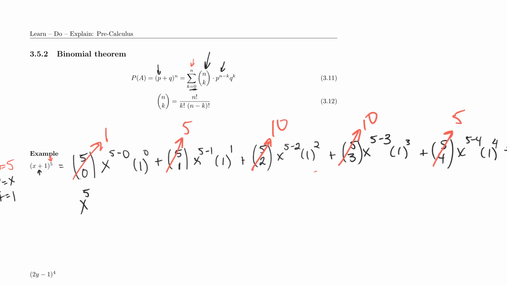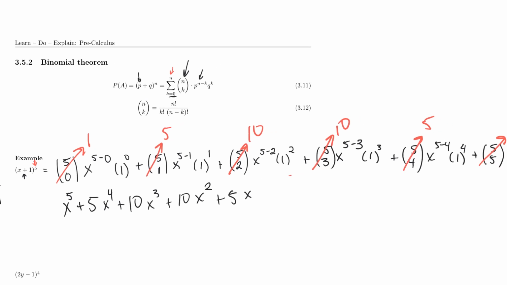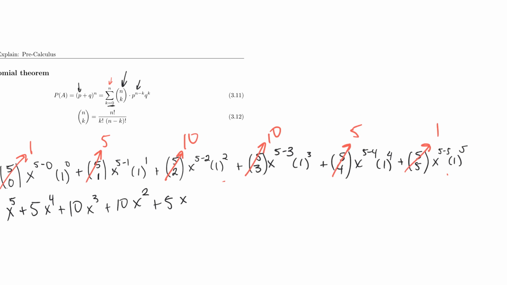x to the 5th power, and 1 to the 0 power is just 1, plus 5 x to the 4 times 1, plus 10 x to the 3, plus 10 x to the 2, plus 5 x to the 1 power, which is just 1, plus x to the 0, 1 to the 5th power is just 1.